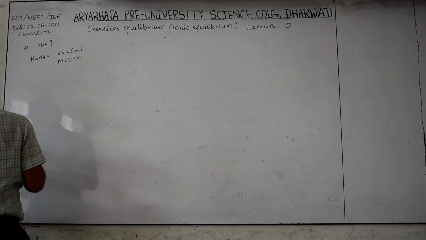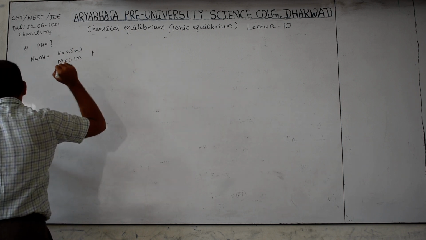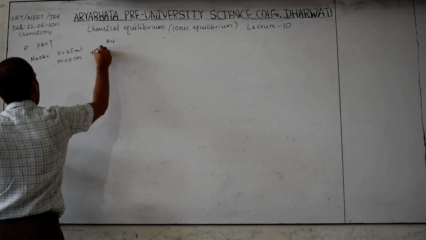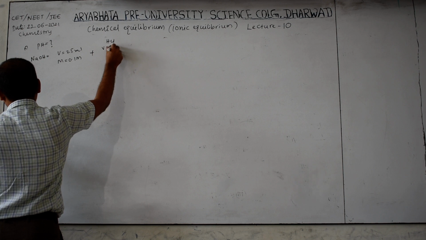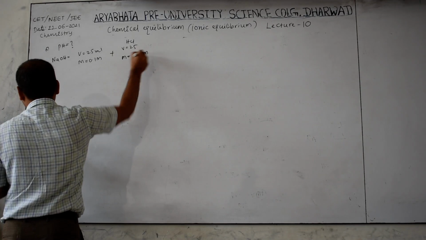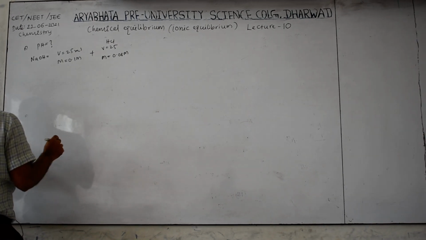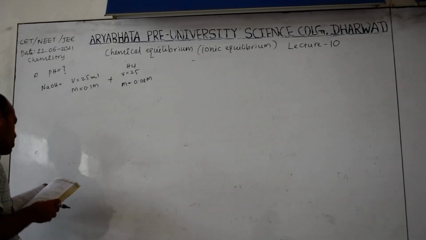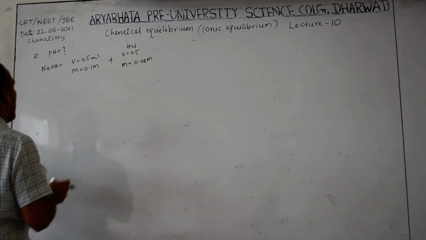It is added to which one? Acid, that is HCl. Its volume is 25 and concentration is 0.08 M. Then what is the final solution?